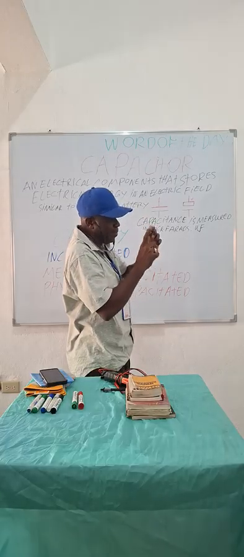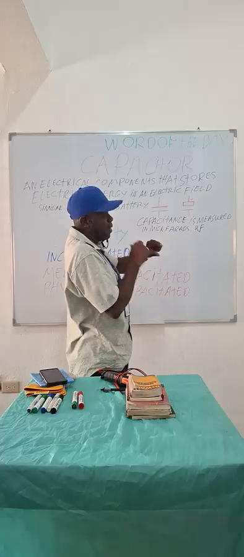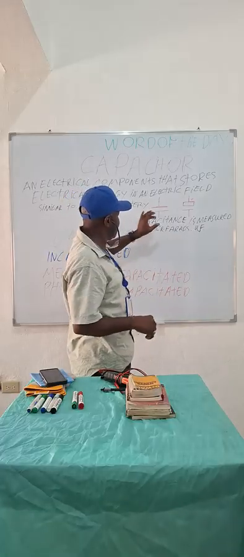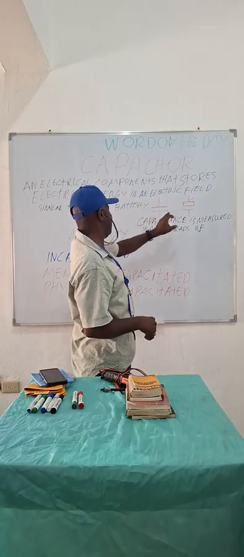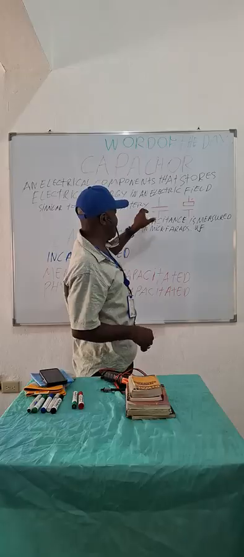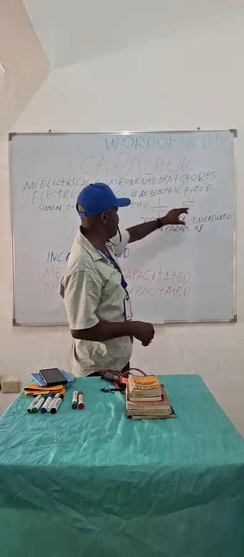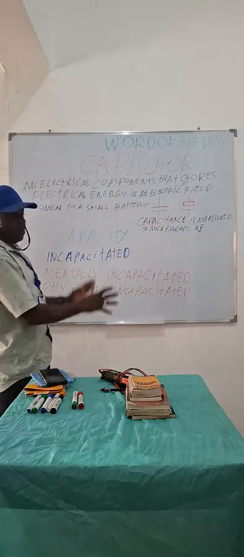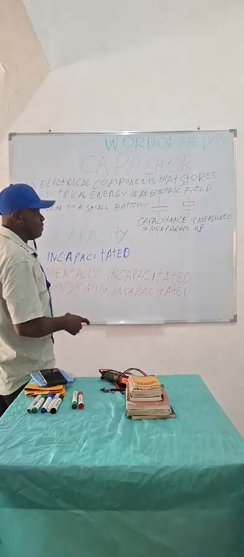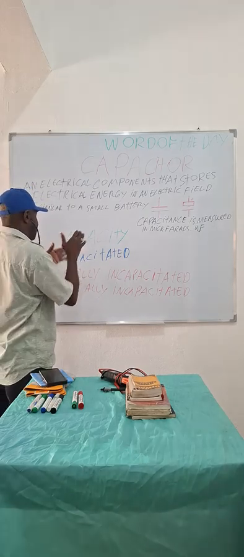It has two plates, separated by an insulator in the middle, or if you want to call it a dielectric, right? So this is one plate, this is the other plate, and then you have the dielectric in the middle that separates both plates, right?